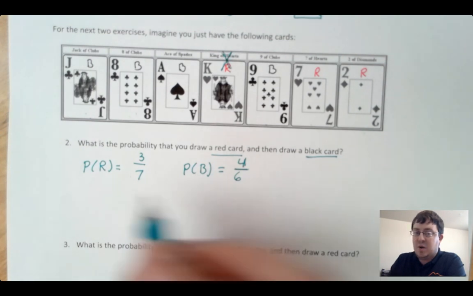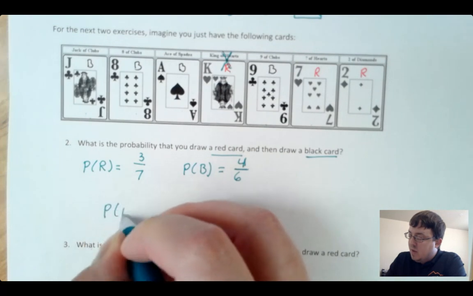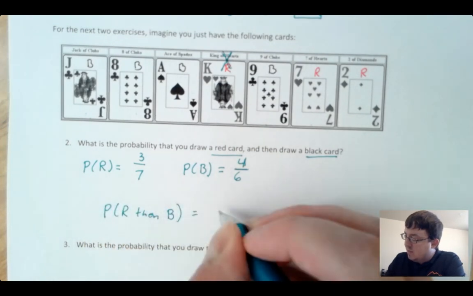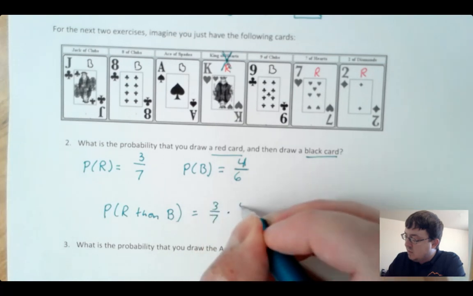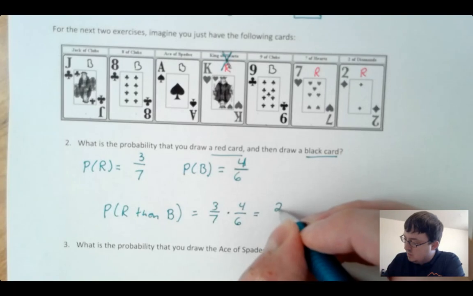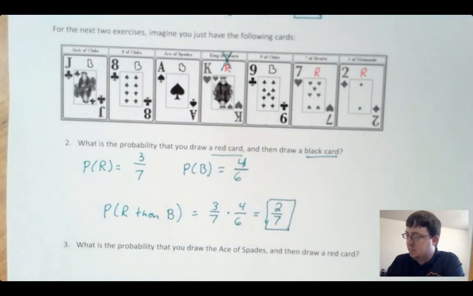Again, we see the denominator change from 7 to 6. So red, then black, is 3/7 times 4/6, which I'm going to reduce to 2/7. Cool. So we reduce there to 2/7.